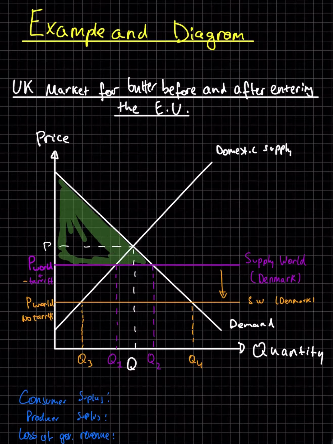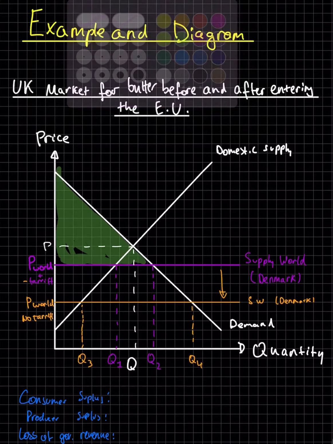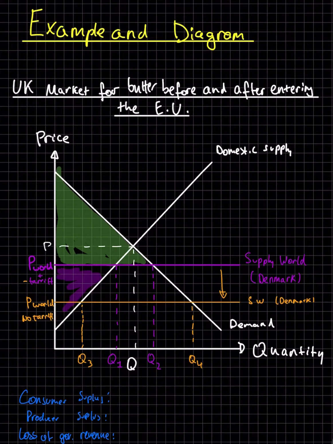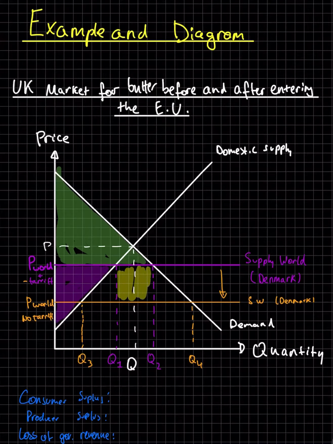And our producer surplus, I'll draw it in purple, was this little area. And this area right here was really gained by nobody. Actually, this was government revenue, right? They were profiting off the tariff, and this was the area they were profiting.